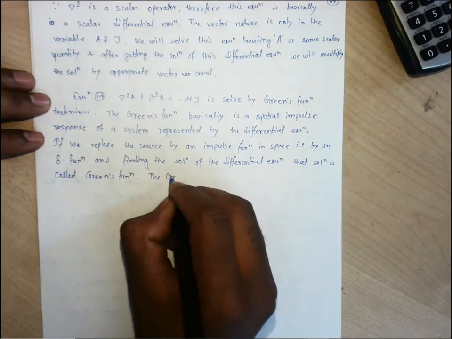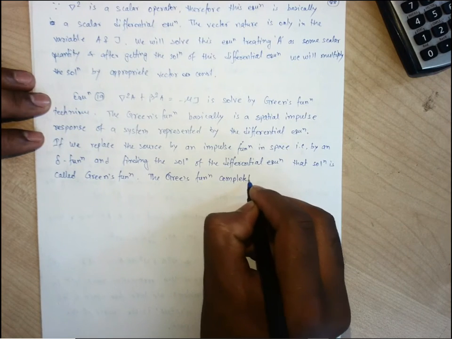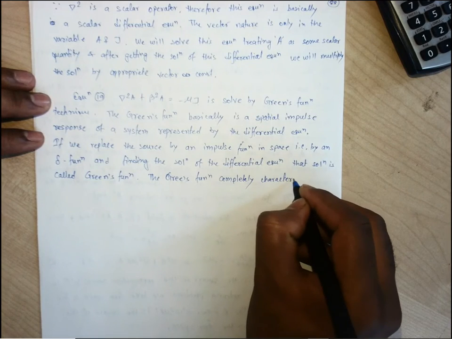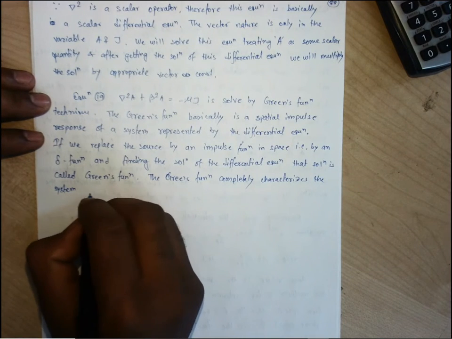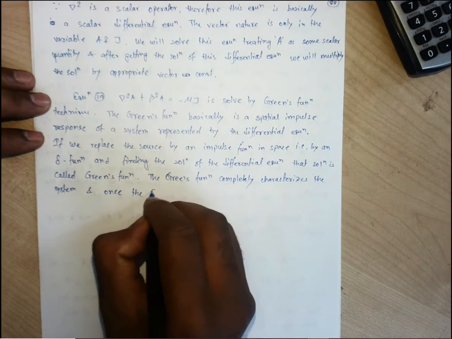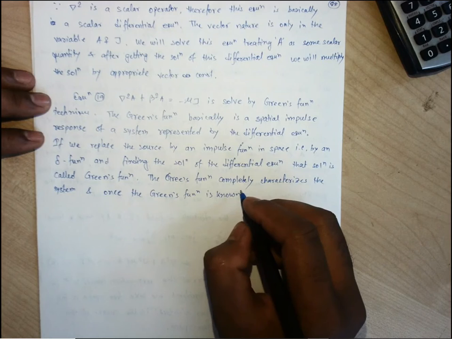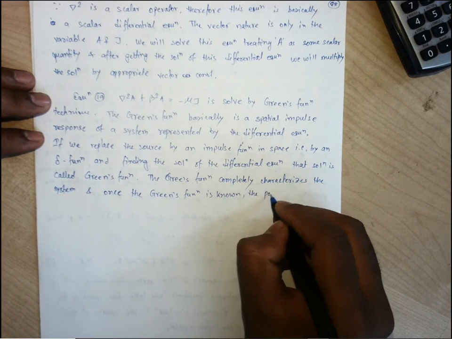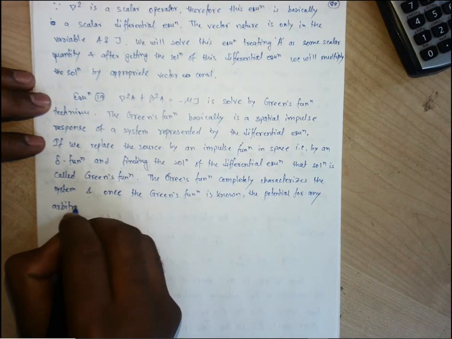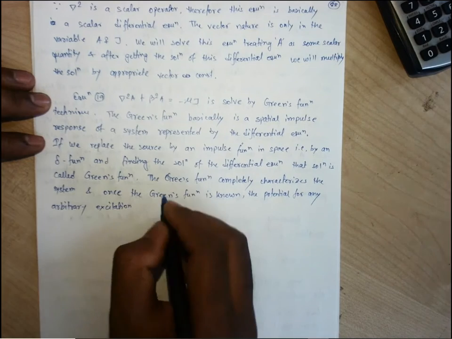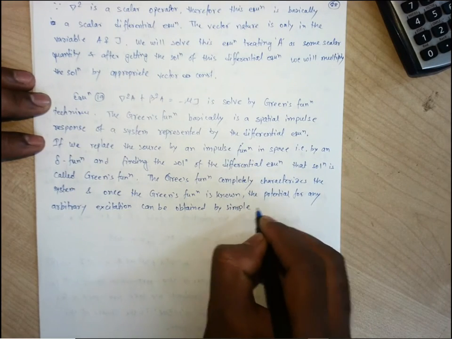The Green's function completely characterizes the system, and once the Green's function is known, the potential for any arbitrary excitation can be obtained by simple superposition.